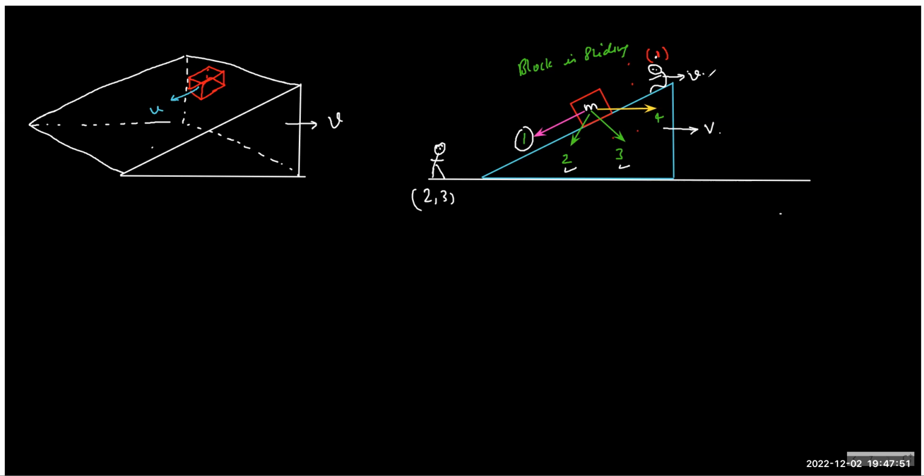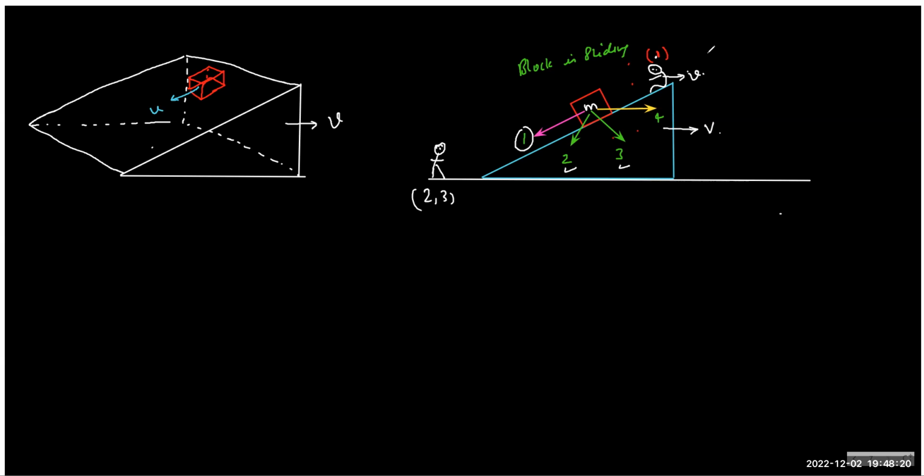Imagine the block is not sliding. Tell me which of the following directions is the direction of motion of the block? 1, 2, 3, 4. If the block is not sliding, what will be its direction of motion? 4.